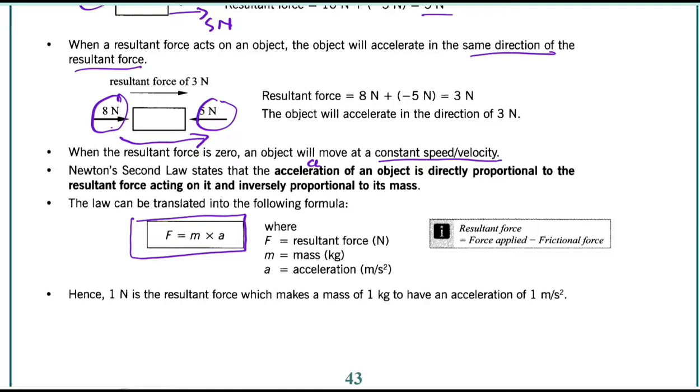So if we want to see the relationship with its mass, its acceleration is inversely proportional to the mass. Is that okay?